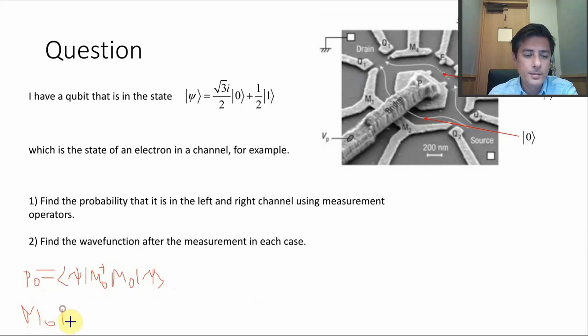The easy way to work this out is to work out what m0 psi is, and then later we can take the complex conjugate. We can do this using the Dirac bracket notation. So this is the bra 0, ket 0, and then we multiply it by root 3 i over 2.